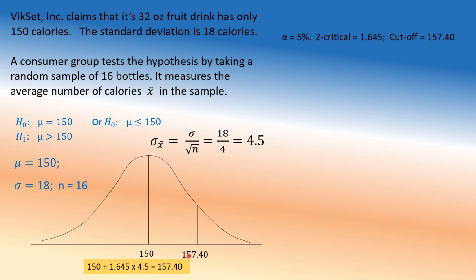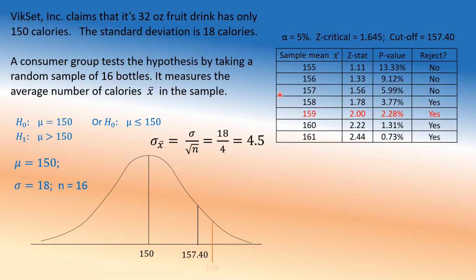And now let's try different scenarios. Our sample mean is 155. 155 means it's going to be sitting somewhere here. Do not reject. 156, do not reject. 157, do not. 158.